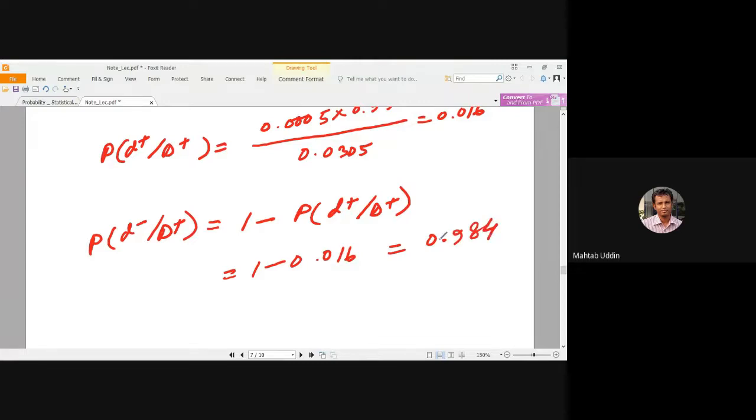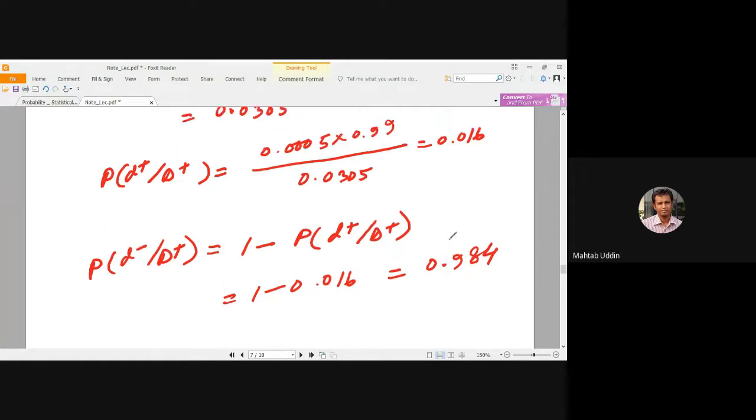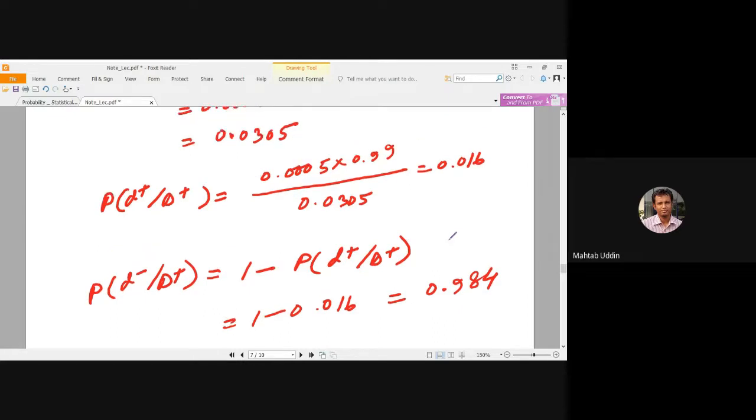Do you understand? What is this? Is it correct? Okay, I'm going to check. 0.0005 into 0.99 divided by 0.0305. Okay. How is it possible?